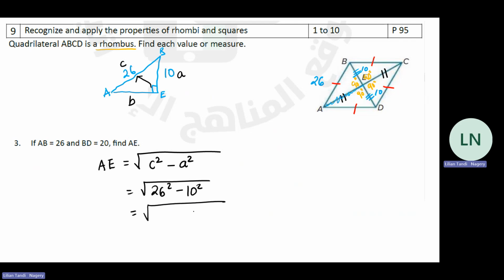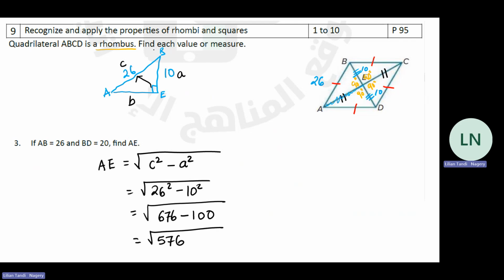That will give us, this is 100 here. 26 squared is what? Where is my calculator? Okay. So 26 squared gives us 676. And then that gives us the square root of 576.